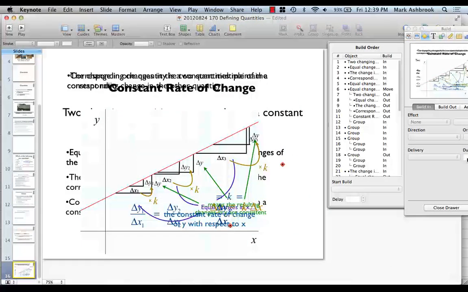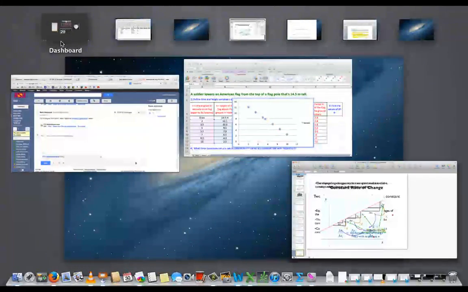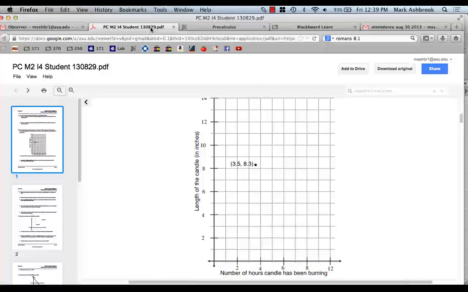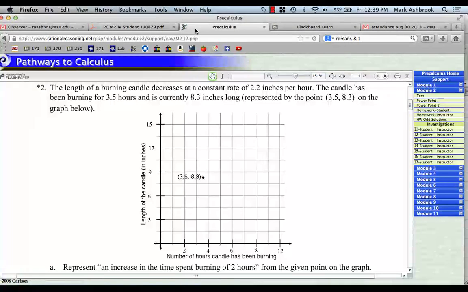All right, so go to, I think it's page like 23 in your workbook. It's this one. It's a candle. Is it page 23? Is that right?